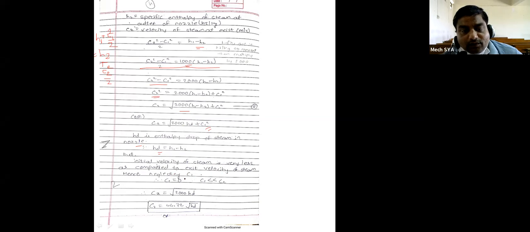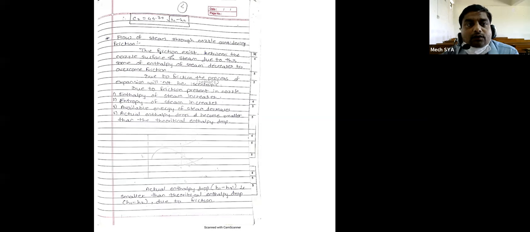Hence, neglecting C1, or you can say that C1 is much smaller than C2, what happens? Only C2 is equal to square root of 2000 into HD, or C2 is equal to, the square root of 2000 comes to 44.72, into square root of HD. HD is equal to enthalpy drop in nozzle, or C2 is equal to 44.72 into square root of H1 minus H2.